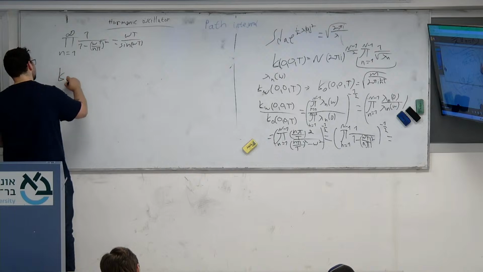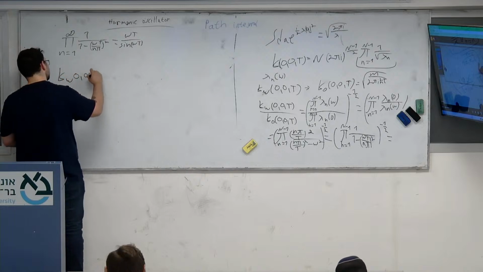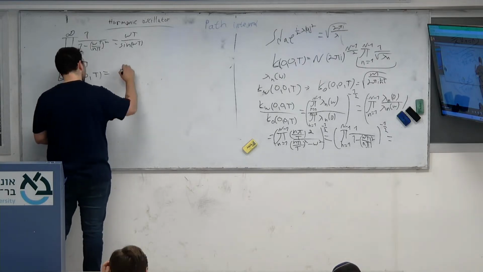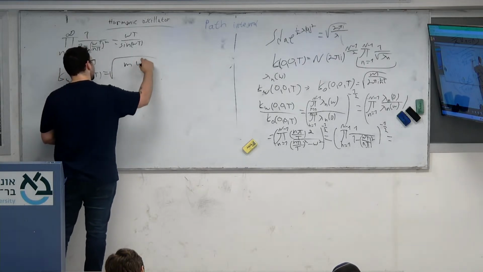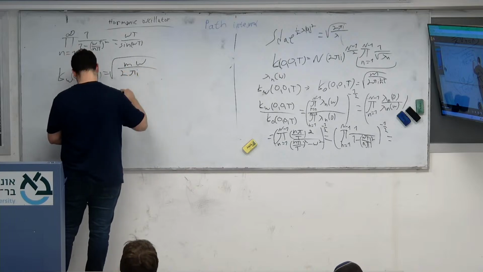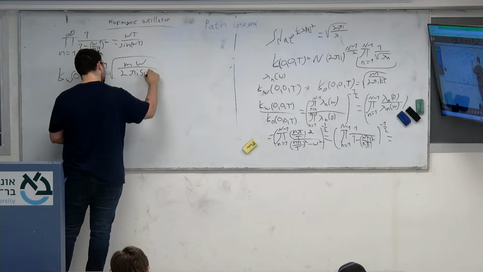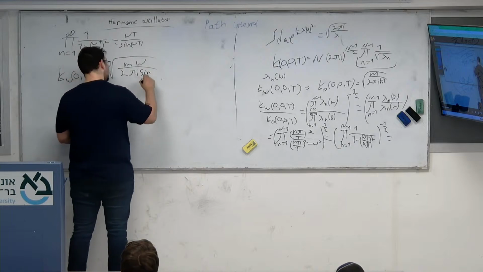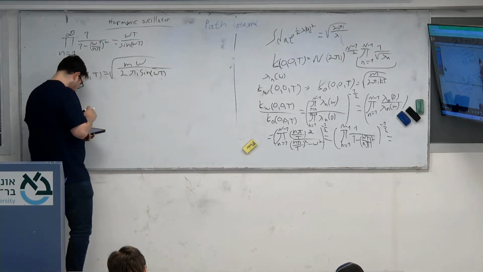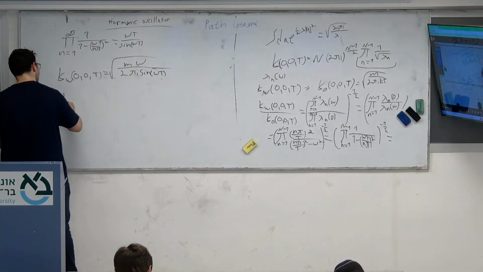Overall, k omega 0, 0, t equals the square root of m omega divided by 2 pi i h bar sine omega t.